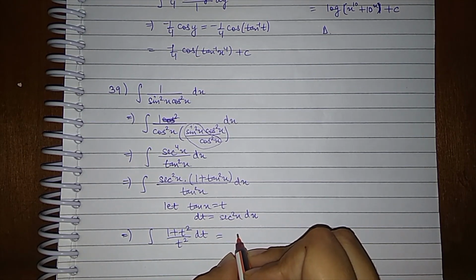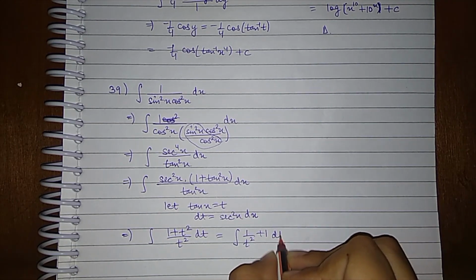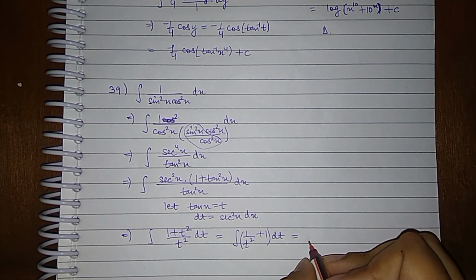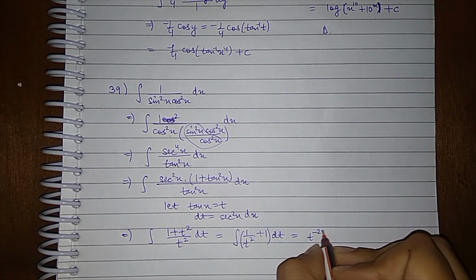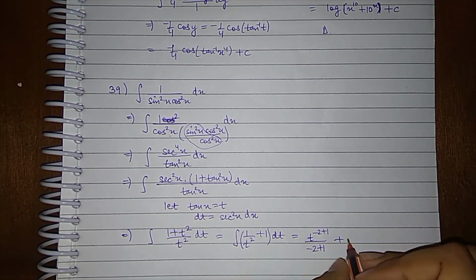We can write it as integration of 1 upon t square plus 1 dt, which can be integrated to t to the power minus 2 plus 1 upon minus 2 plus 1, plus integration of 1 will be t.